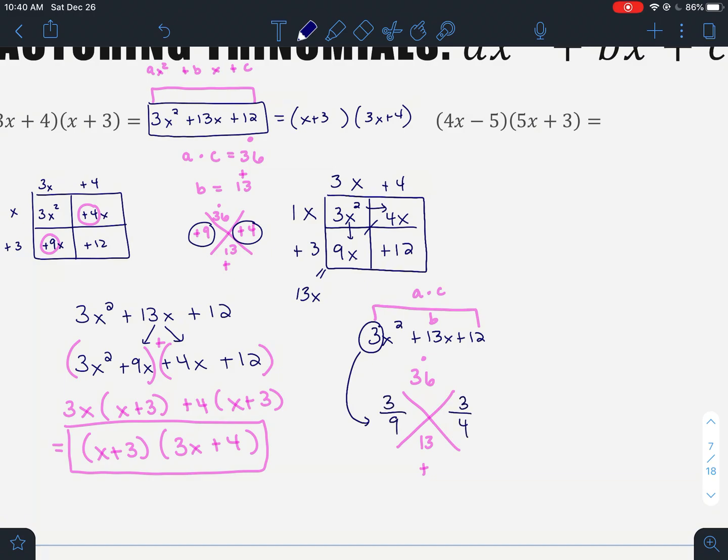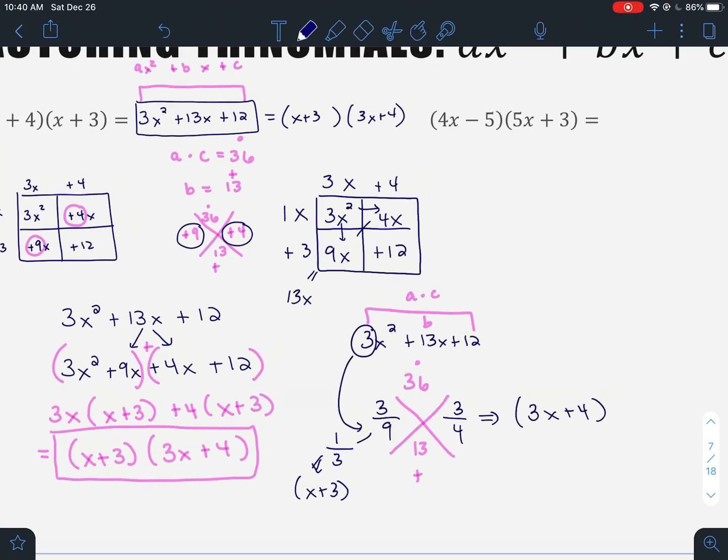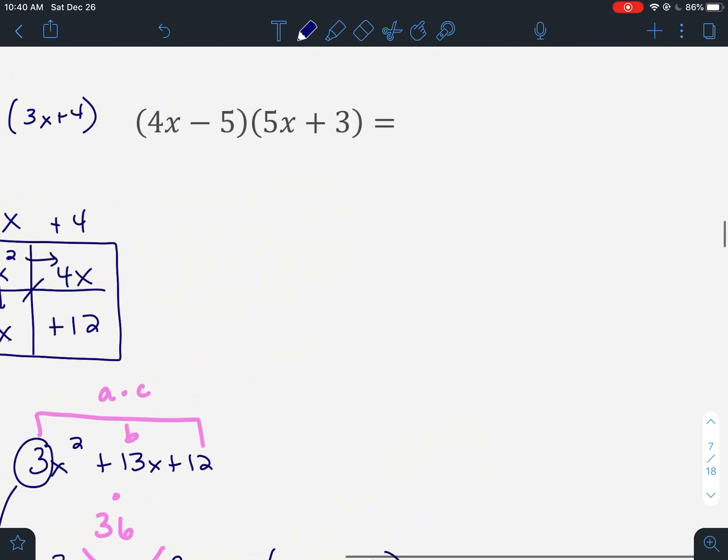So we've got 9 and 4. We make the 3 the numerator on both of these. The 3 over 4x doesn't reduce, so this becomes 3x plus 4 inside the parentheses. The 3 over 9 does reduce into 1 over 3, so this is going to become 1x plus 3. And notice those are the two parentheses that we wanted. That's a third option for doing these.